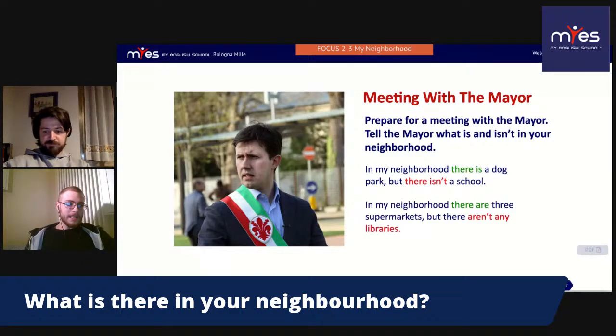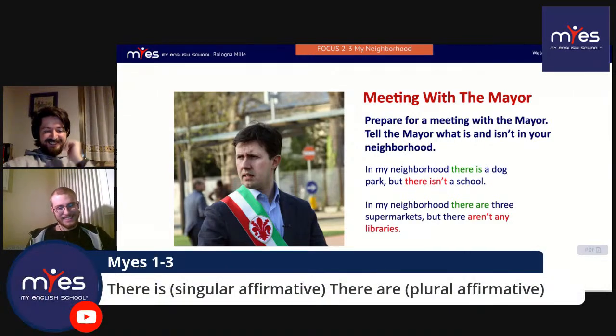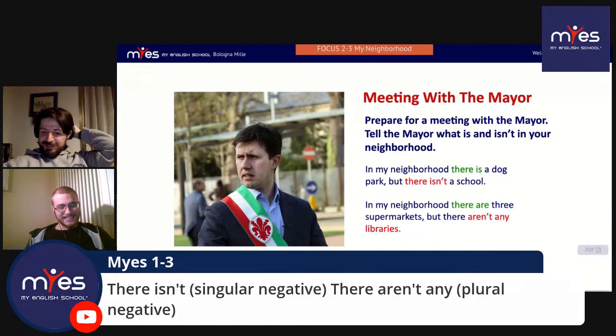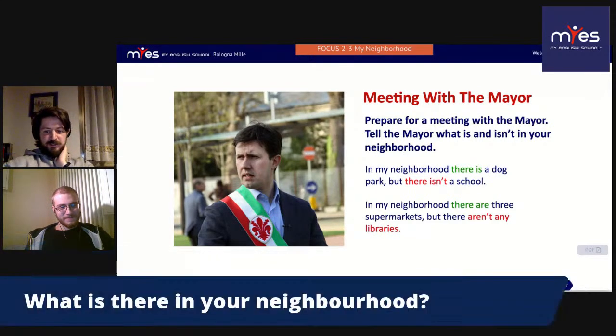So for example, in my neighborhood, there is a pharmacy, but there aren't any swimming pools. Big problem. No swimming pools. So, in my neighborhood, there is a hospital, but there isn't a cinema. Oh no, there is a cinema.